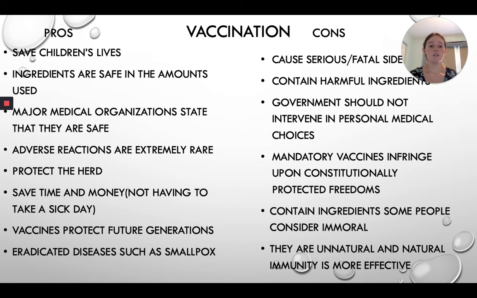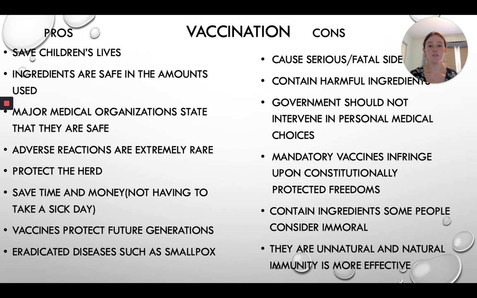It contains ingredients that some people consider immoral. Vaccines do contain formaldehyde, which is what they embalm bodies with. Not to the degree of embalming a body, it's just used as a preservative. Again, it should be safe in the amount that it's used. And the last one, they are unnatural, and natural immunity is more effective. And that last one is what a lot of people tend to center on.